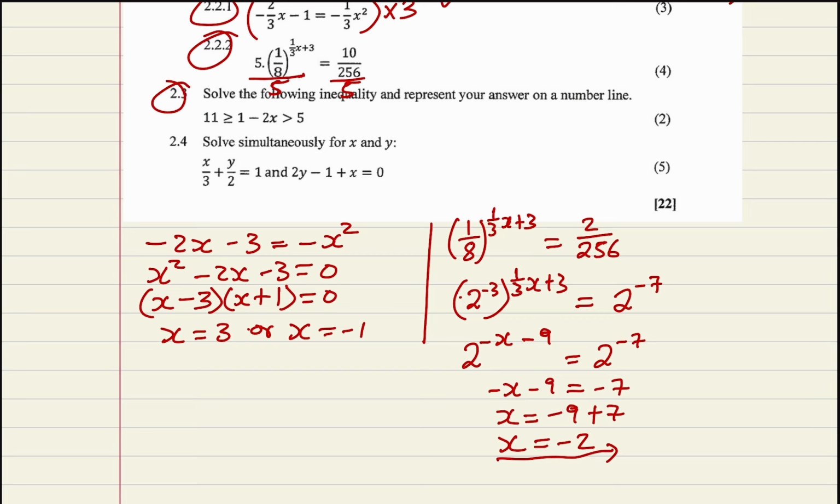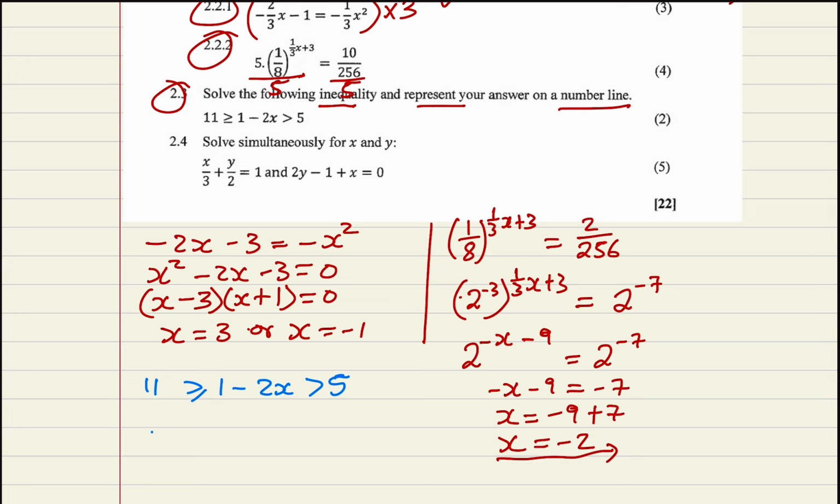Then they continue and say, solve the following inequality and represent your answer on a number line. Here we're having 1 minus 2x greater than 5 and less than or equal to 11. Firstly, we take 1 to the other side.